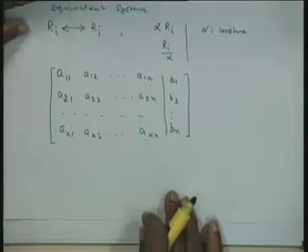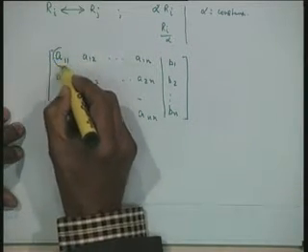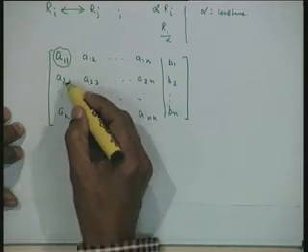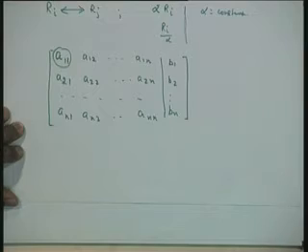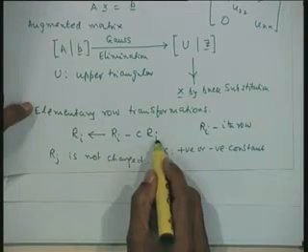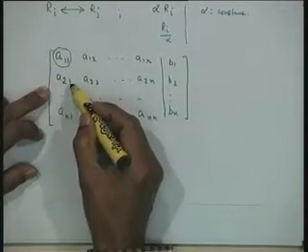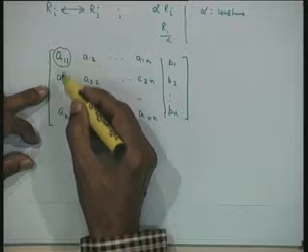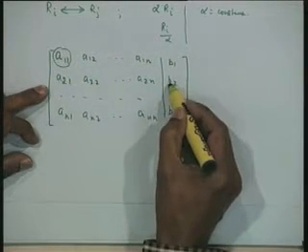Now, in the first step, we use this element A11 and make all these elements 0 by multiplying by a suitable factor. I would like to use the operation Ri minus C Rj to bring these zeros over here. For example, if I multiply this by A21 by A11 and subtract, this becomes 0, then all these elements get changed.